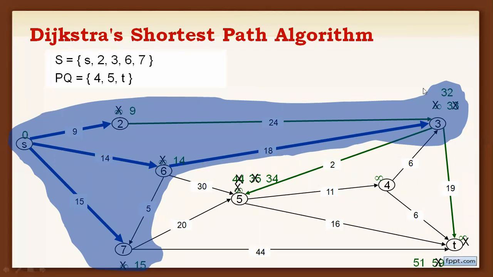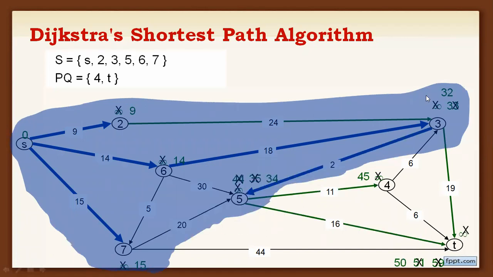Next, we will consider the vertices which are visited: S, 2, 3. S is visited already. Vertex 2 is visited already. Vertex 3 also visited. Vertex 5 visited.